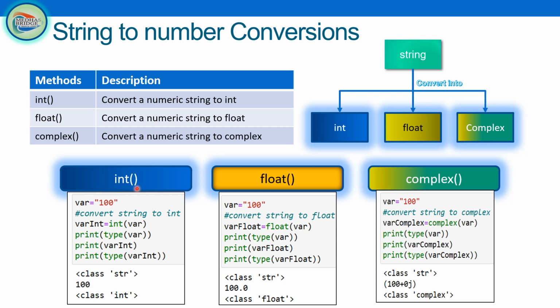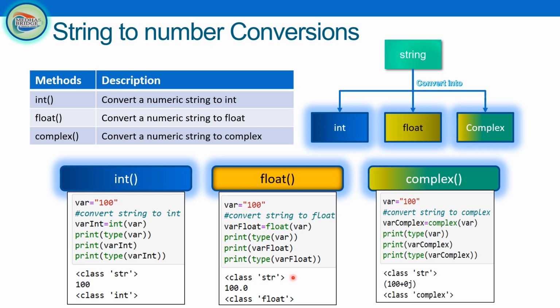Here we have numeric string as an input. We are trying to convert string into int using int method. Look at the output. We can observe that input string get converted into integer. Similarly, here we are trying to convert string into float using float method.